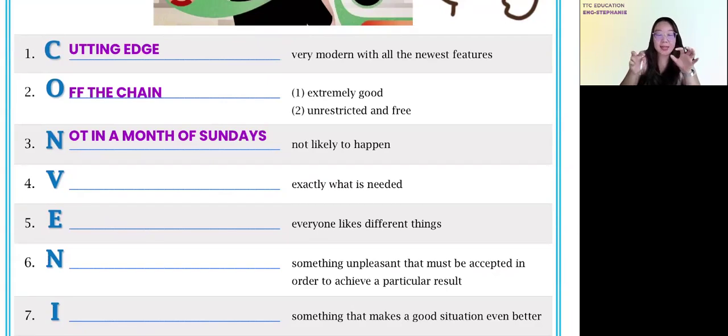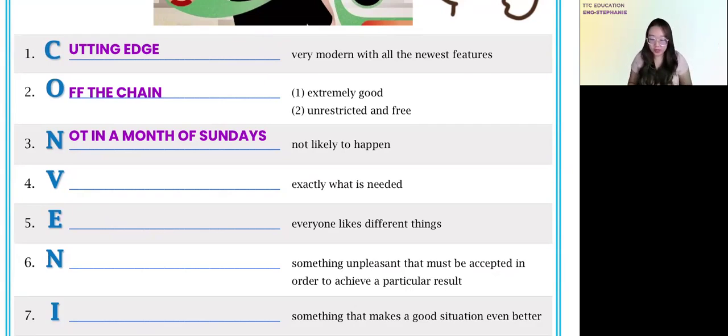You can imagine Sunday is a rest day, but if this happened for a whole month, it is likely not to happen. So you need to understand it in a way that makes sense. Then you can eventually remember this and in the future use it in your exam. Not in a month of Sundays.